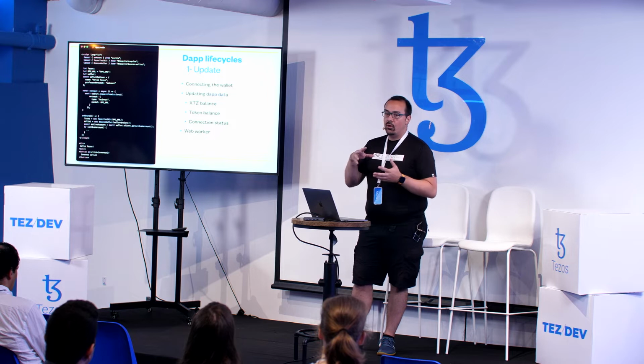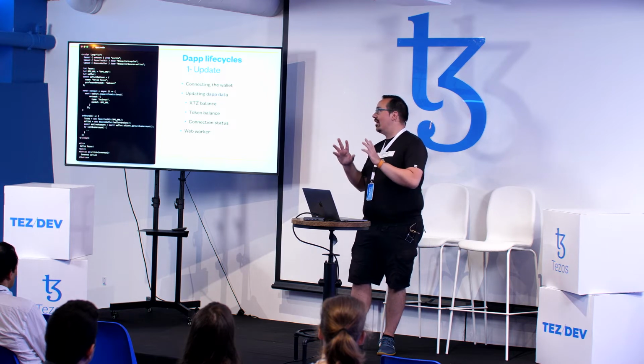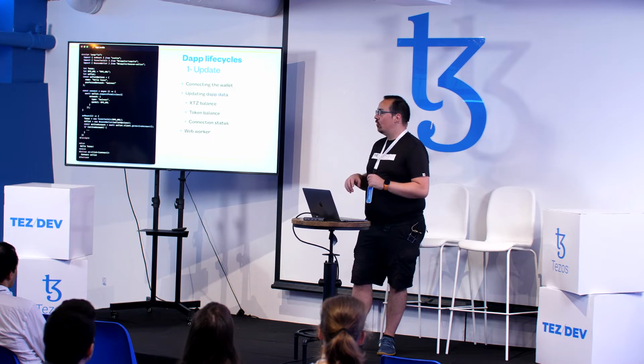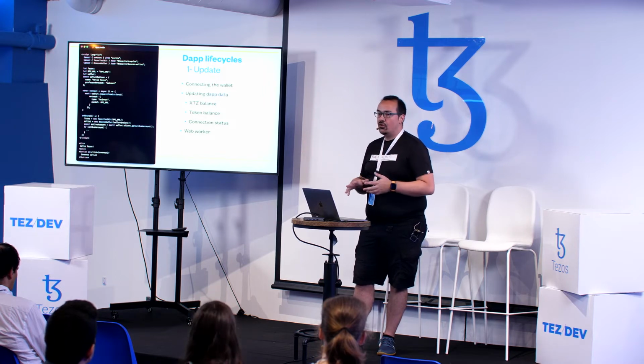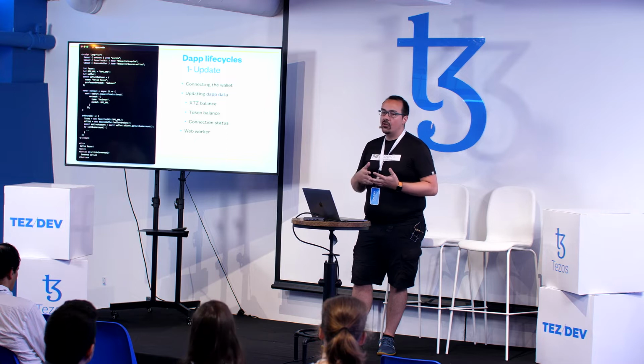So what a web worker does is delegate part of that computation to a different thread. So you don't block the application, your user can still interact with it, and in the background you have a web worker running where you can get data from the blockchain, or do some more intense computation, so you create a pleasant experience for your user.